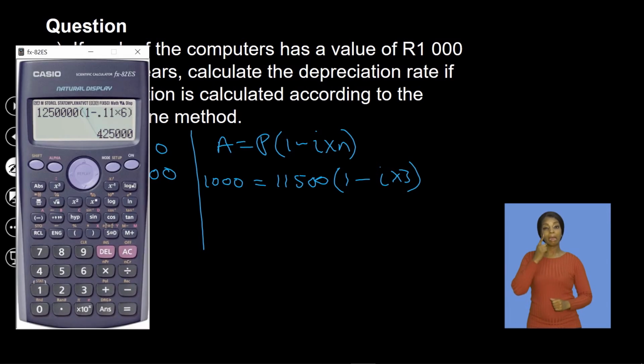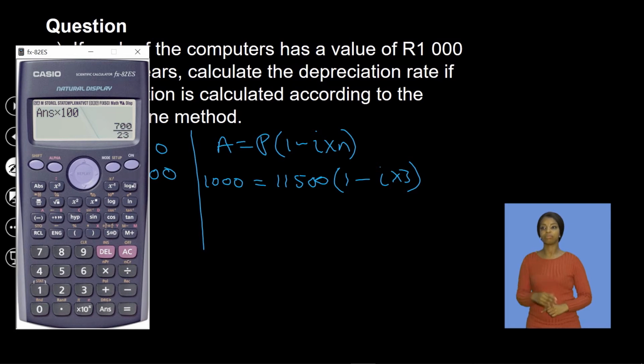Then we'll just go to our calculator. On our calculator, firstly, I will take the 1,000 rand, divide it by the 11,500, you find what the answer is there, and then you say 1 minus the answer, and it gives you 0.91, and then you divide this by the 3, and you get that value there, then you multiply it by 100, right?